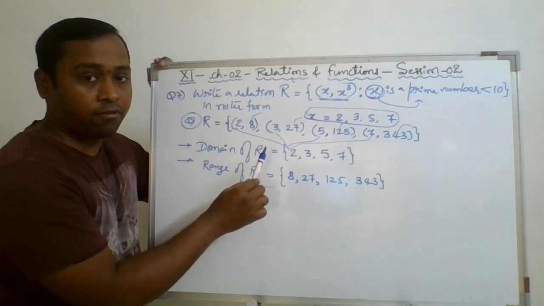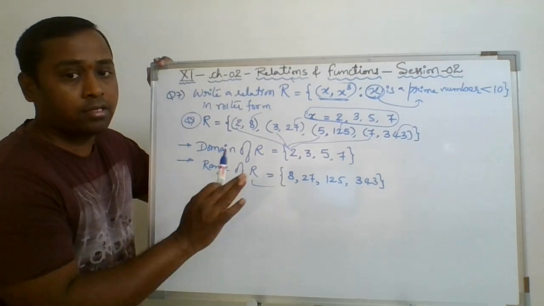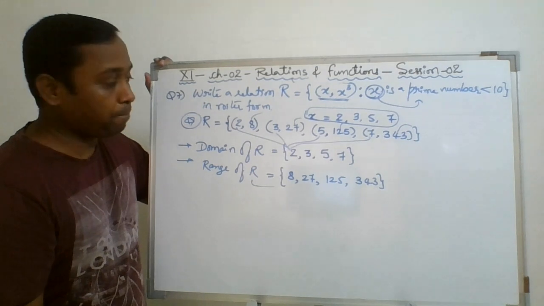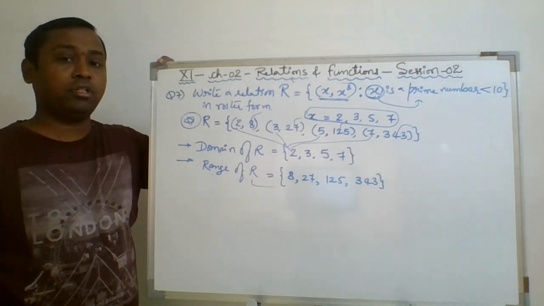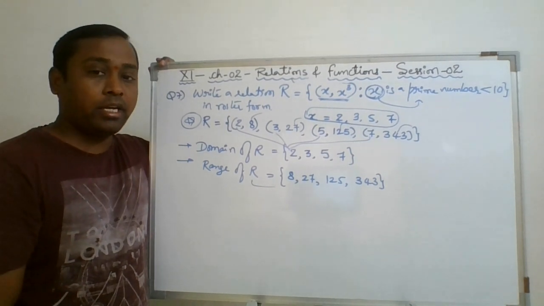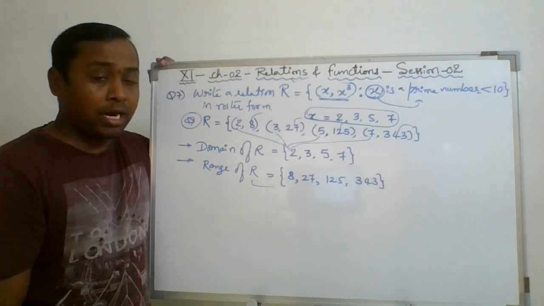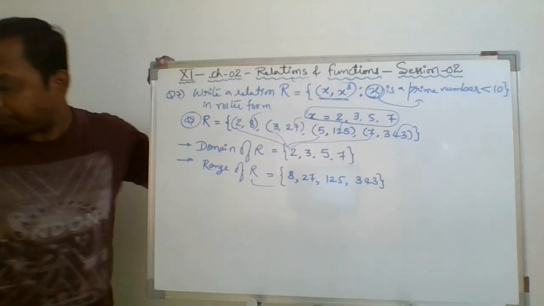If it is roster form, simply you can write the domain and range, and you can't say anything about the codomain unless the set is defined. Now coming to the third question, where the relation will be given to you in a pictorial form or through a ray diagram. From that they may ask you to find the domain and range.